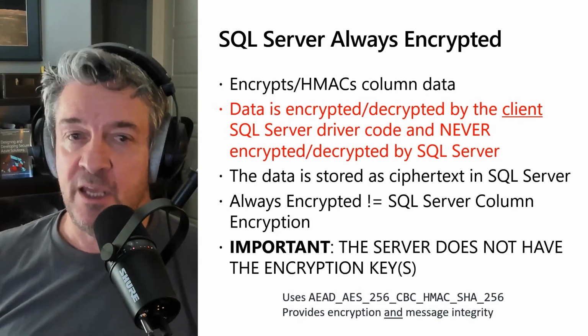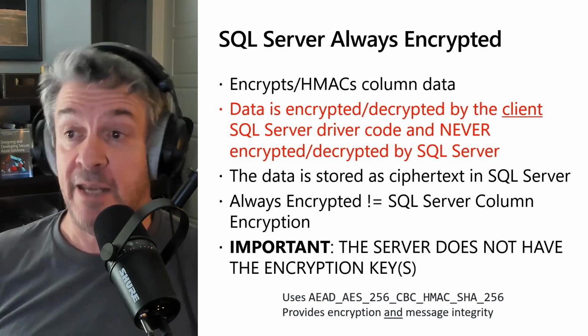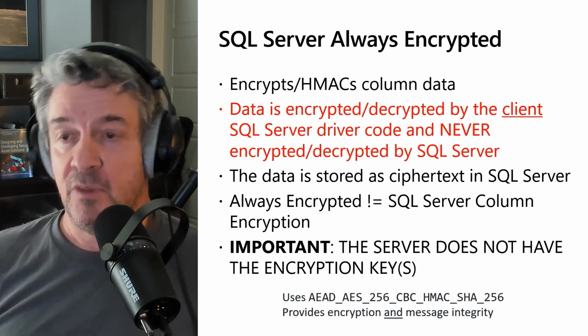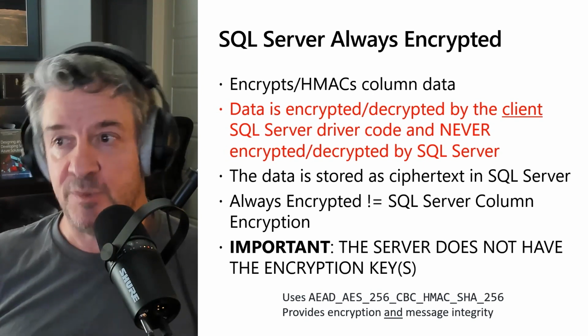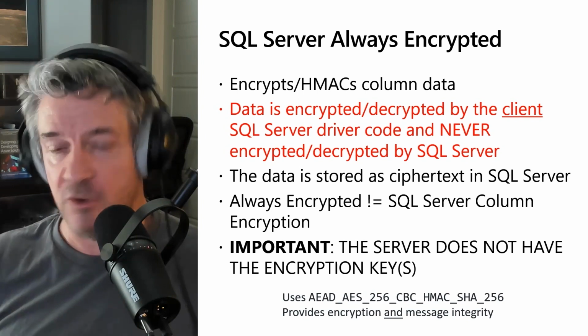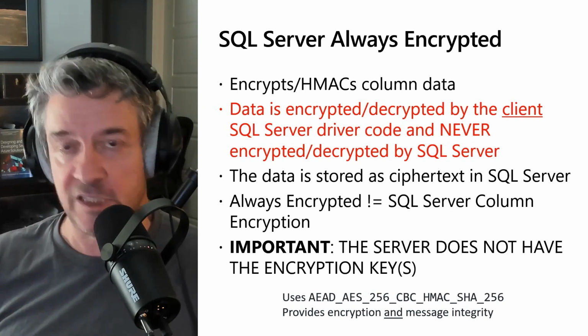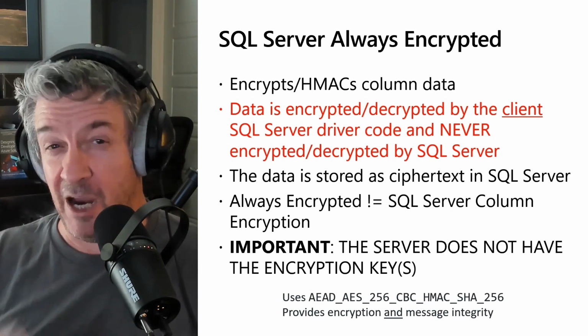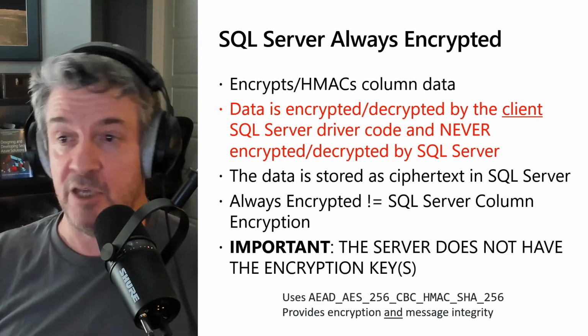So Always Encrypted encrypts and decrypts column data. This is the key part. The data is actually encrypted and decrypted by the client SQL Server driver, so ODBC, OLE DB, JDBC, whatever. That crypto is done by the driver. It is transparent to your application.